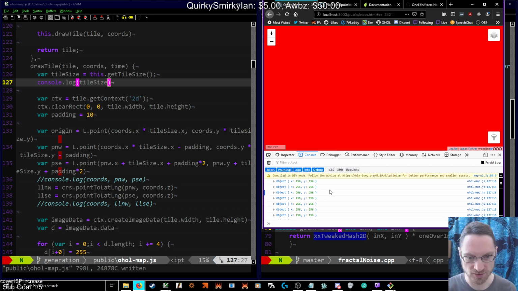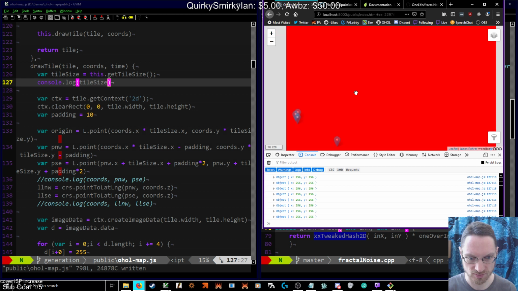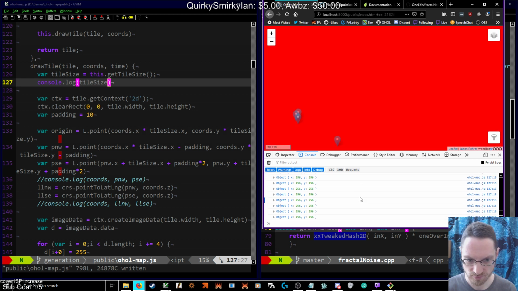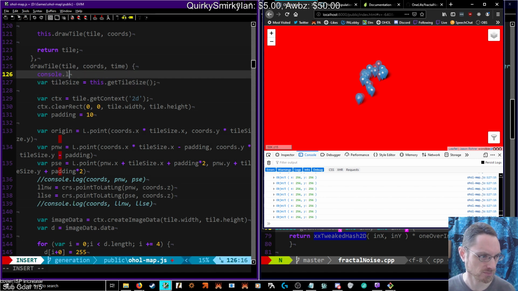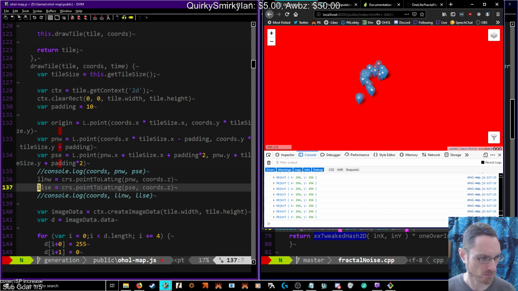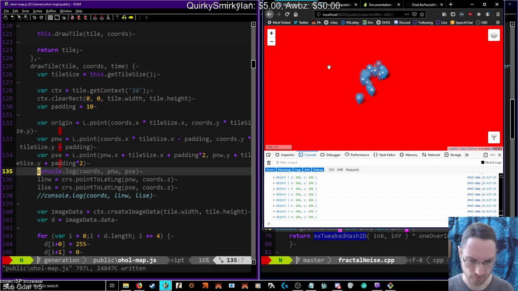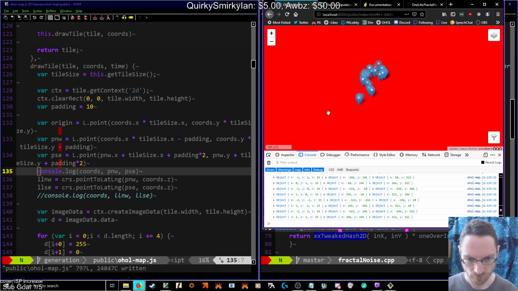Oh, tile size is always 256. That never changes. I need to know, well, coords has a Z, right? Yeah, so we've got a zoom level.